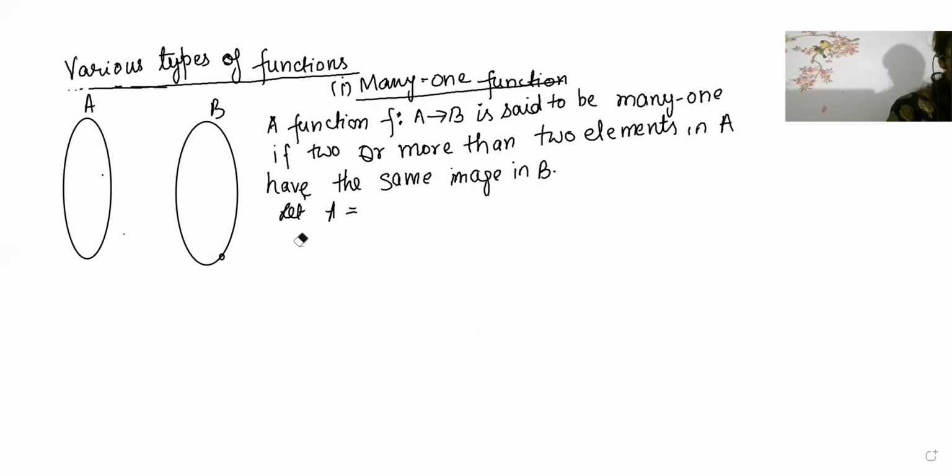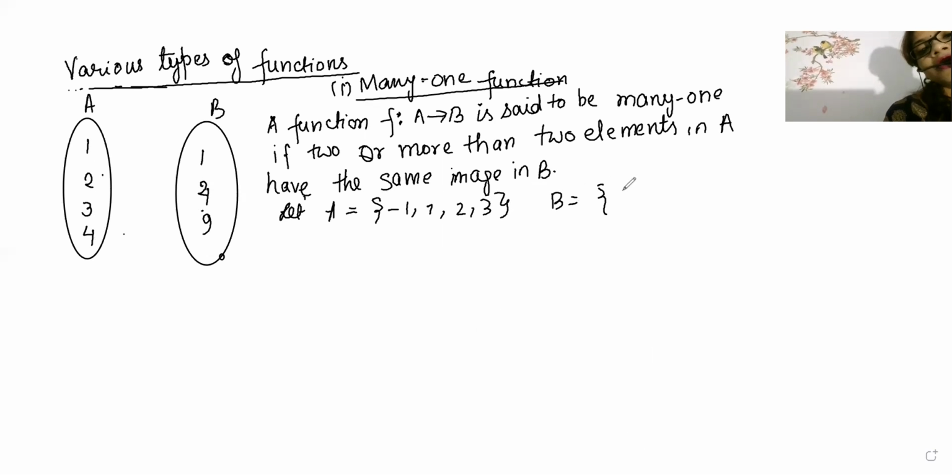So let us take set A as -1, 1, 2, and 3, and B as the squares of all the elements, 1, 4, 9, like this.